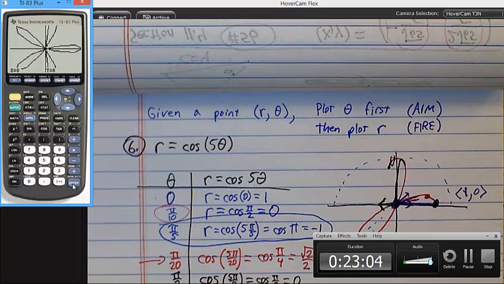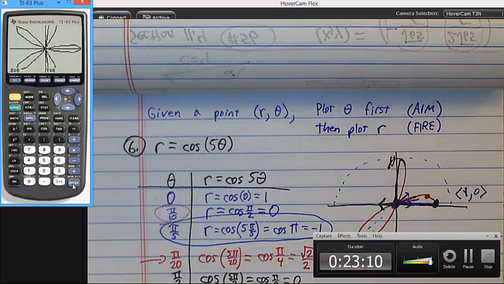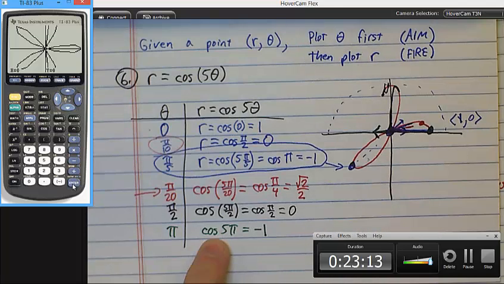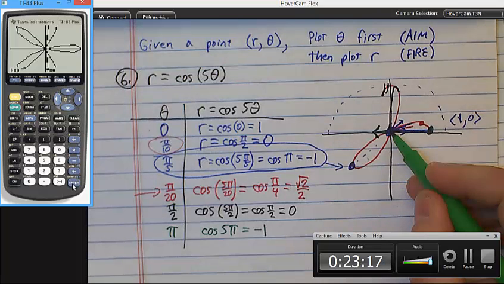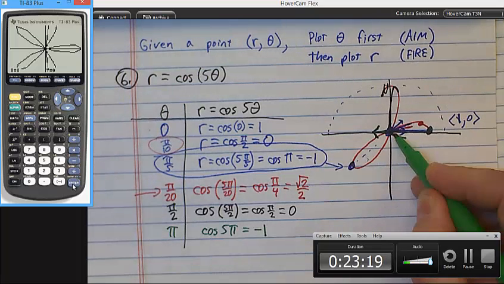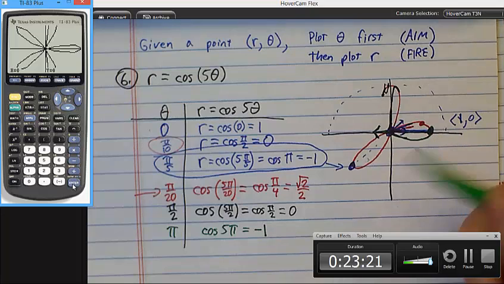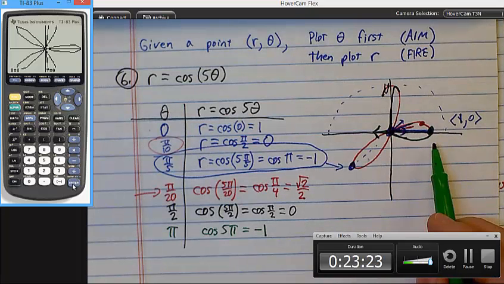Now, by the time we get to pi, we mentioned that the radius is -1. And so that means by the time we get to pi, the curve closes up, because it's aiming this way, but -1 goes that way.